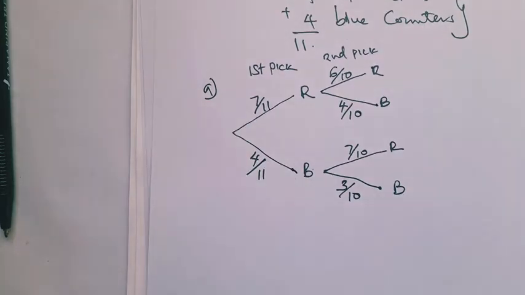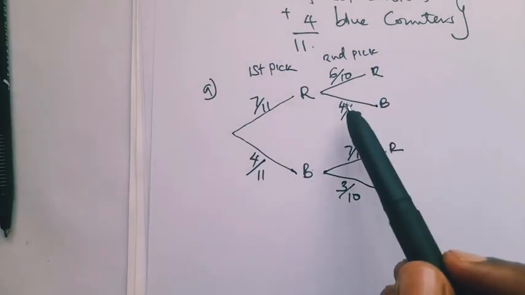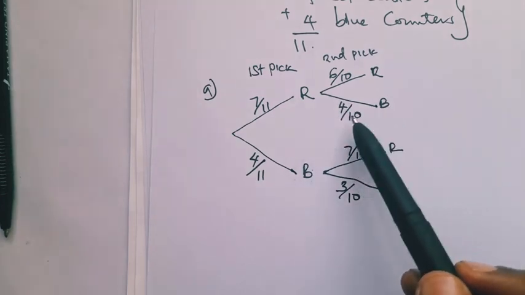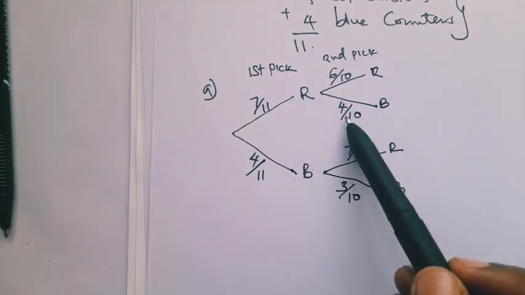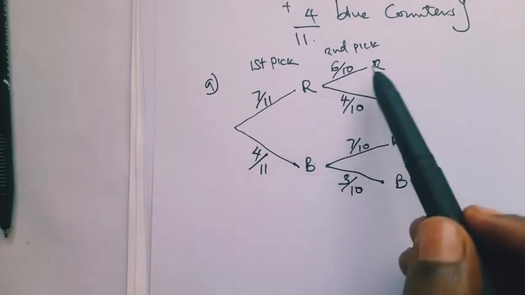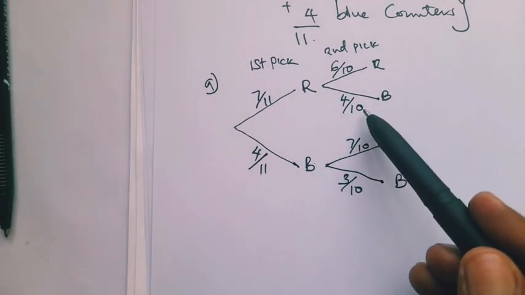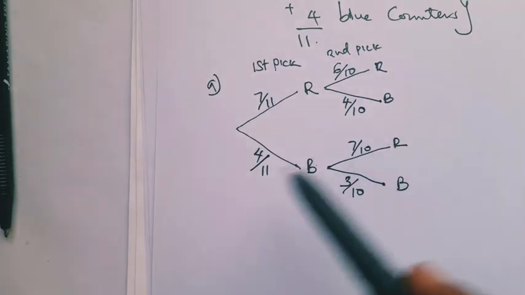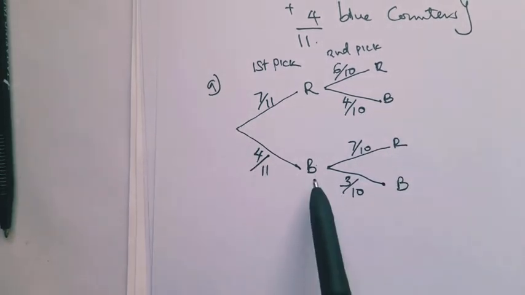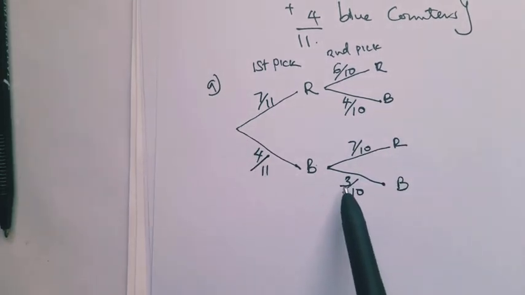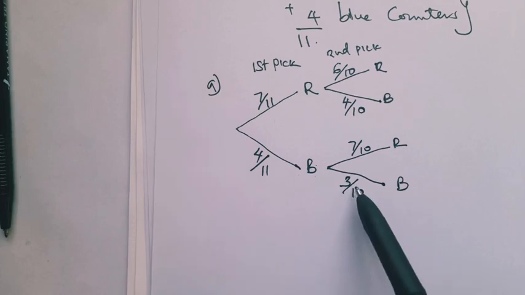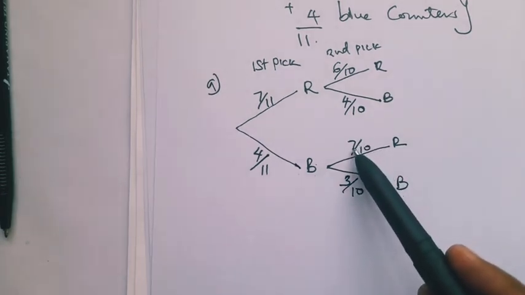The probability will be the 6 that are available over the 10, which is the total, because 1 is already gone. Now in this case, the probability for picking blue remains the same, because this is the second pick and only red has been picked. It remains 4, but the total is 10. When you come here, if you pick another blue, it means the remaining ones are 3, but the red are the same.